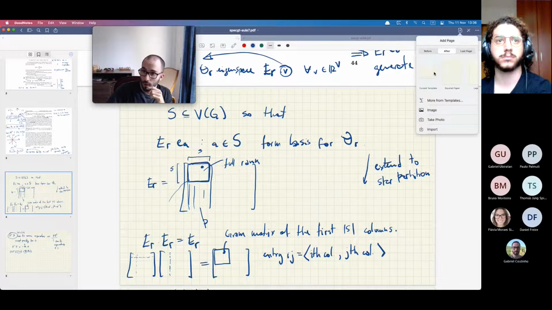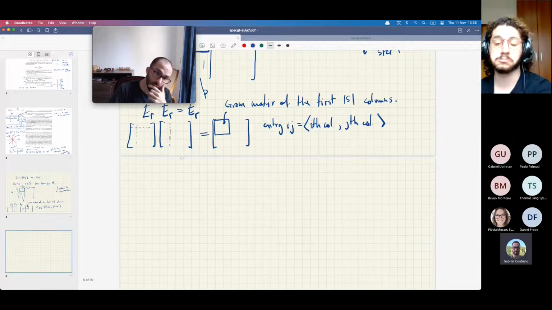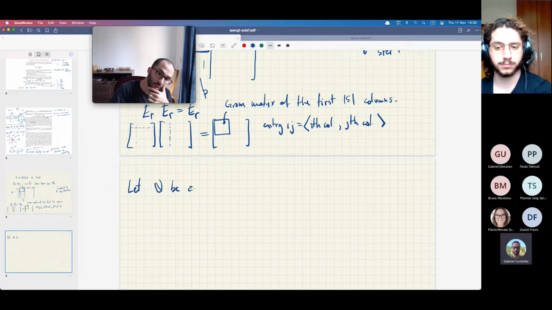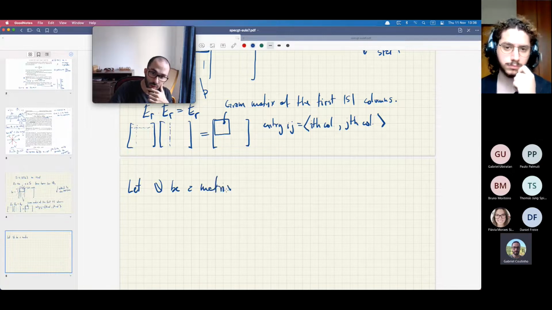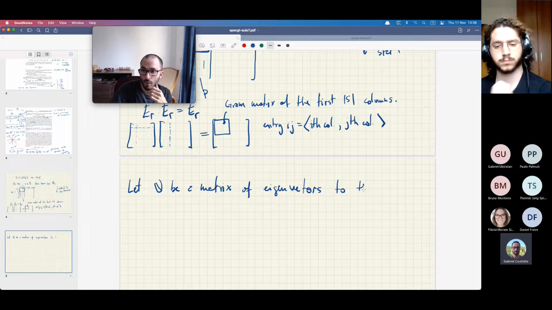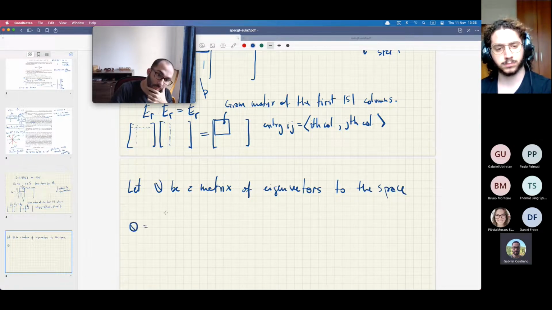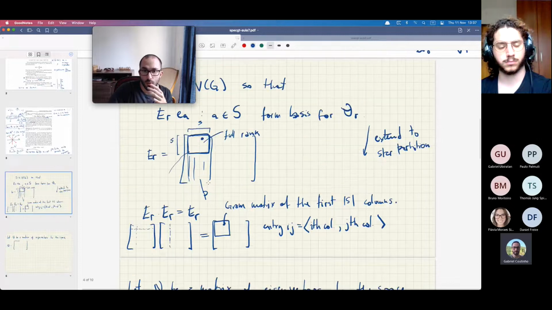Now, let Q be a matrix of eigenvectors to the space. I have a bunch of vectors, and I'm assuming, of course, these first ones here correspond to this isobar that I'm looking at.